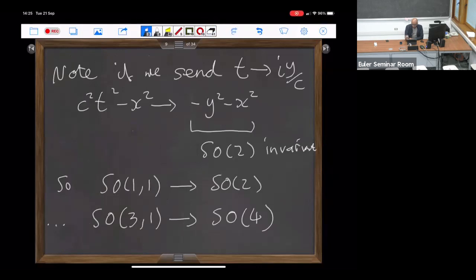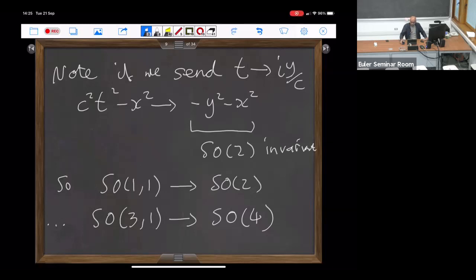Now note, if I start with 1+1 dimensions, and I take the interval, and I make the transformation where I redefine t as i times something real, which for convenience I'll call y divided by c.